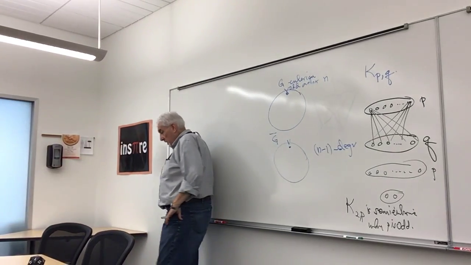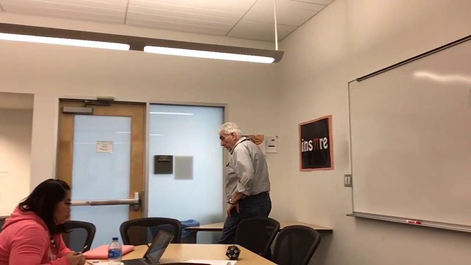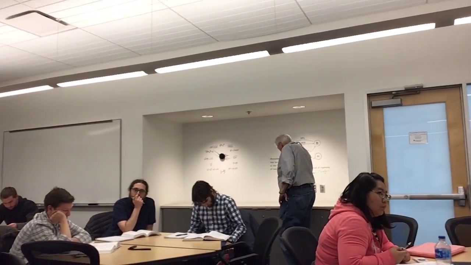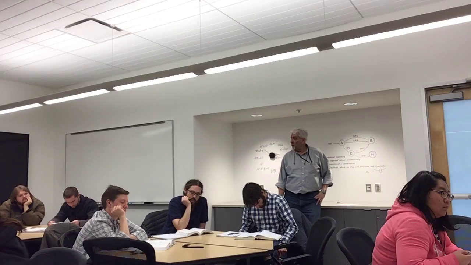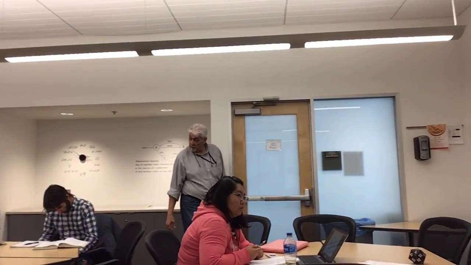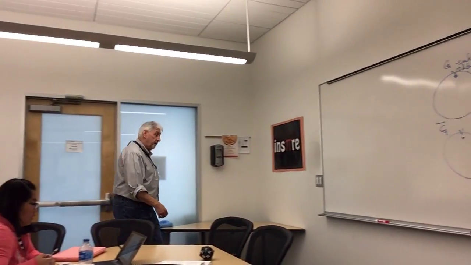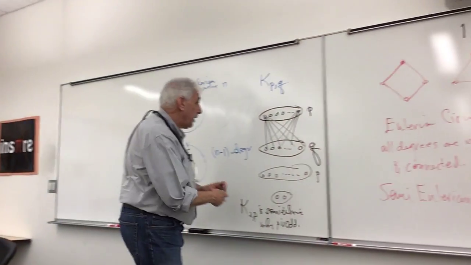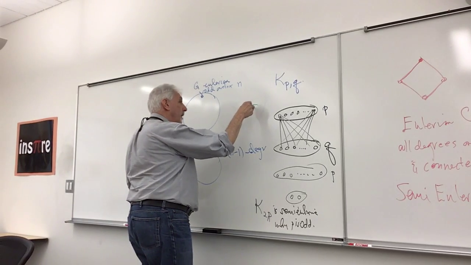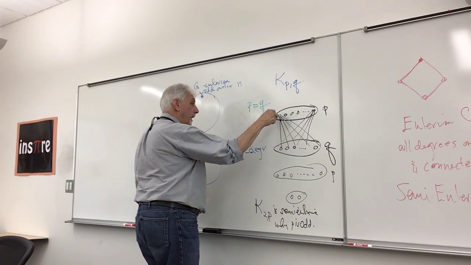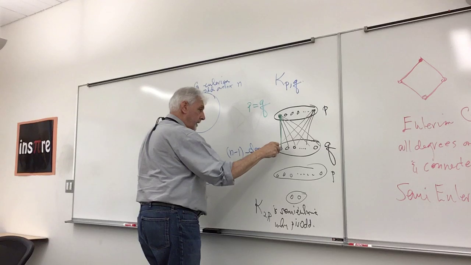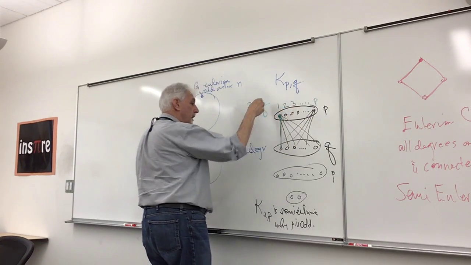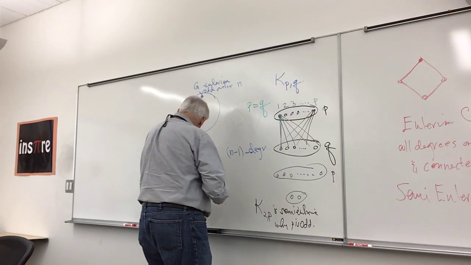So is KPQ Hamiltonian? If P is equal to Q, then I start in P, and I simply go, well, let's label them 1, 2, 3, up to P, and P is equal to Q. I'll use a different color.